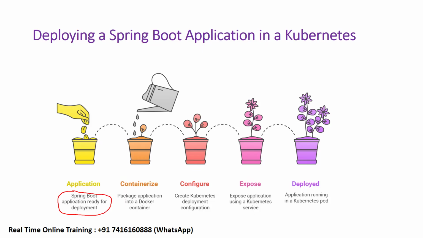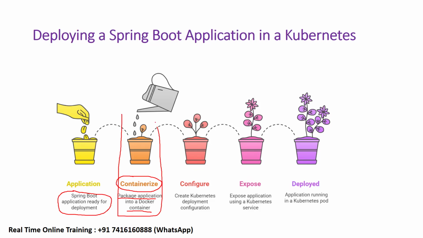That means you created an application, you made all the changes, and you want to deploy. That is step one. Now, the next step is you need to containerize your application, meaning you need to package the application into a Docker container. That is the second step.